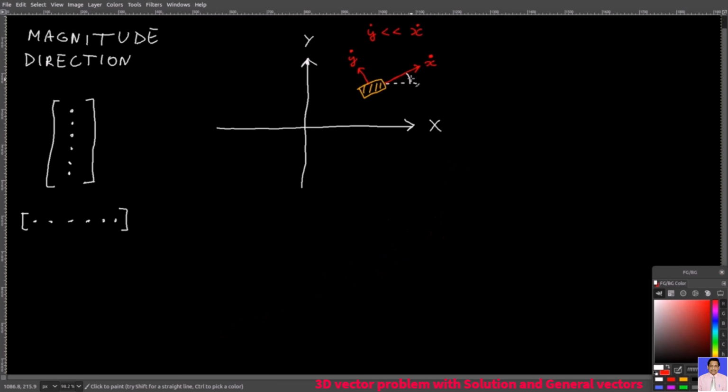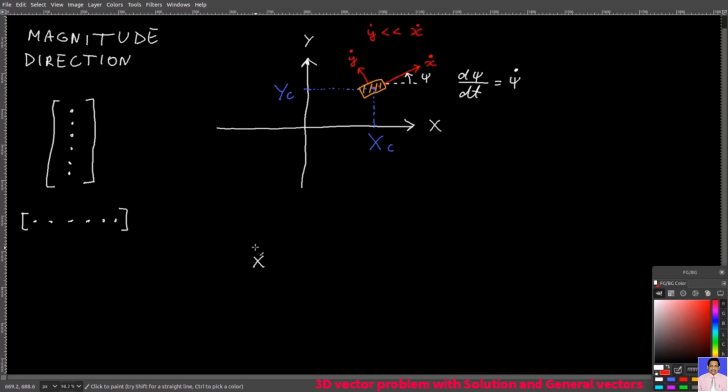Then I also have to keep track of the car's yaw angle and also the change of yaw angle with respect to time. And then I also have to keep track of the car's X position and the car's Y position on this XY plane. And so I put them all in a vector.